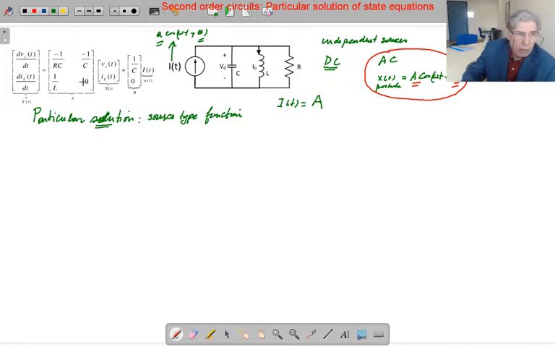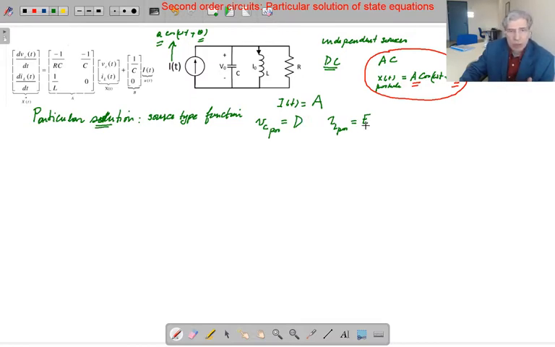So the particular solution now, v_C particular, is going to be in the same form. Then I consider D. I didn't use B, I could use B, I use D. And i_L particular is E. So these D and E are the parameters that I am going to calculate.